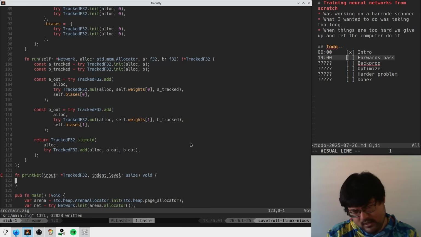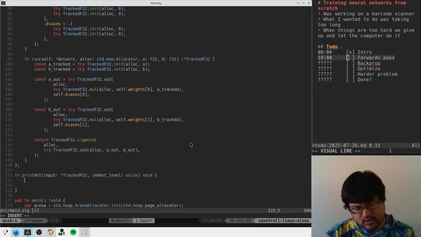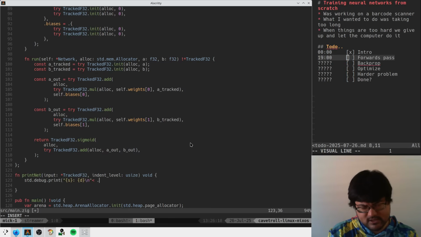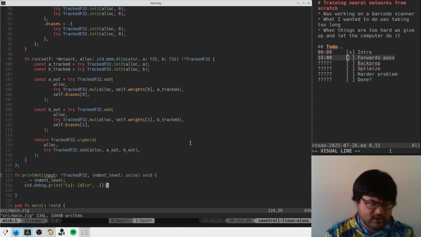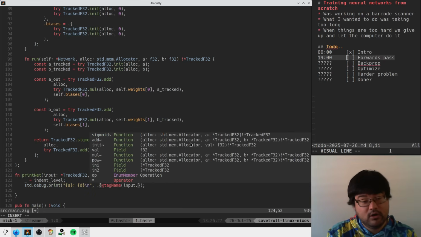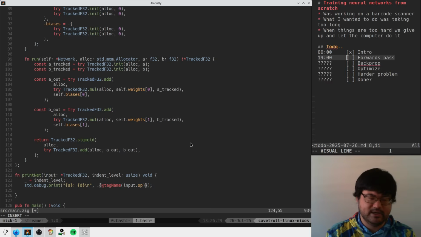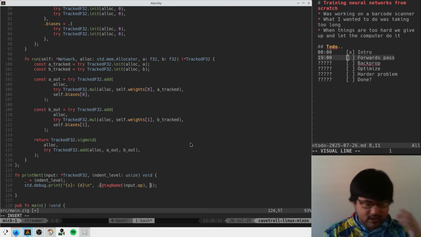And we're gonna be like, I guess we print the input, this thing, right? So it's probably some name with some value, I guess, is what makes sense here, right? So we're gonna start with tag name of input op. So this was some operation that came from these guys.